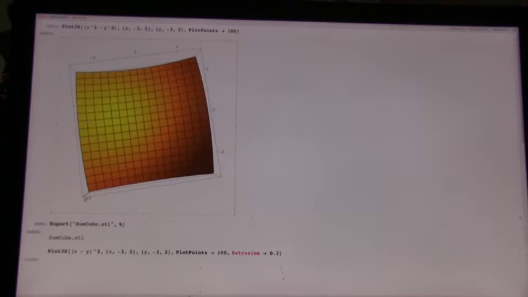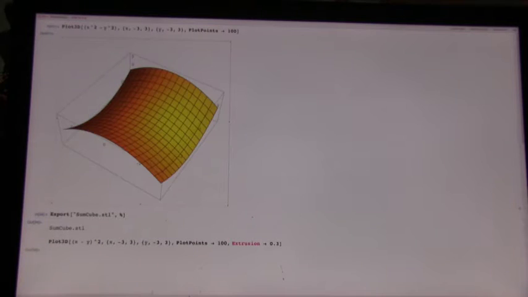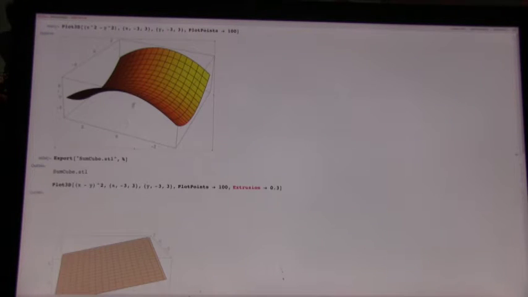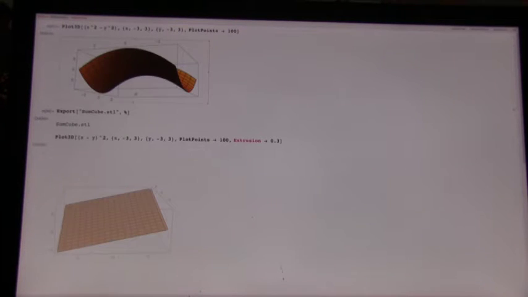Not really from above. I can't really see them. Can you? No. There's no sort of straight line.